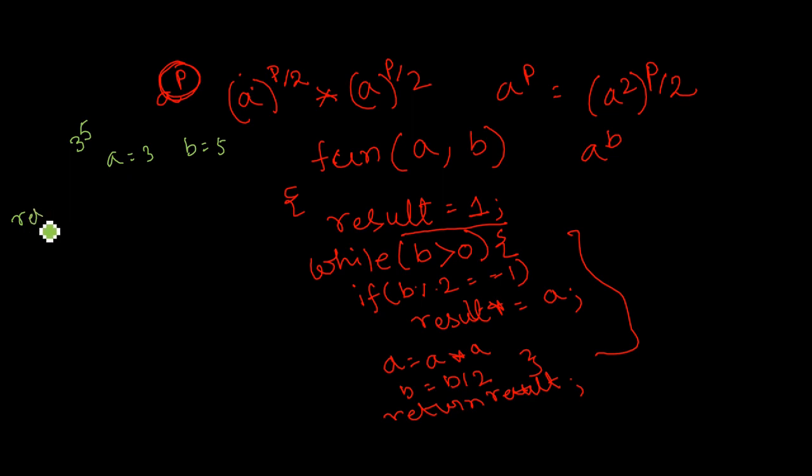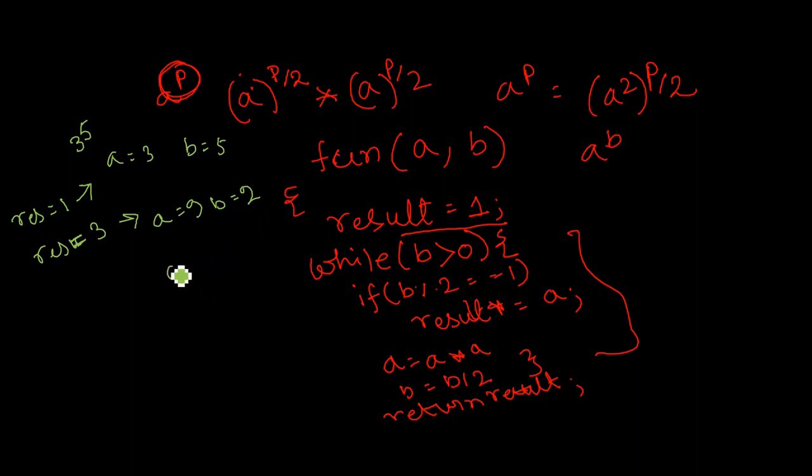In our result, at first we have 1, so now our result will be 1 times the value of a, which is 3, so now our result is 3. We will make a as 9 and b as 2, because 5 by 2 comes to 2. Now 2 is an even number, that is completely fine.